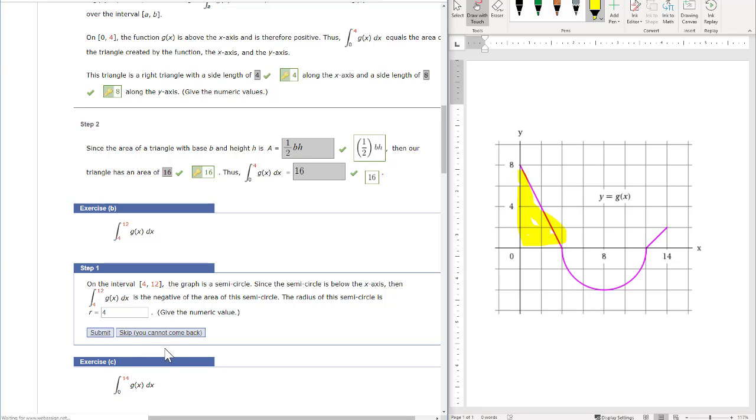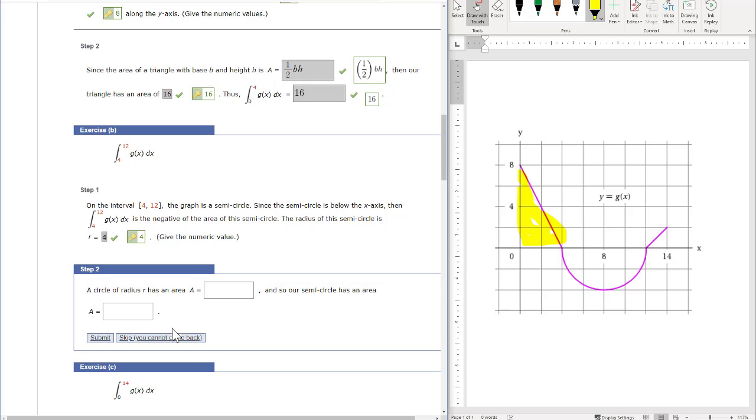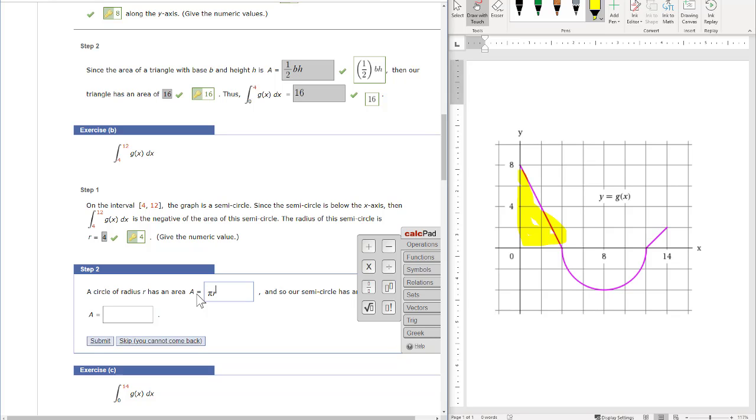Once we have the radius of 4, we can find the area. The area of a whole circle is pi r squared. So the area of our semicircle is going to be half of that.